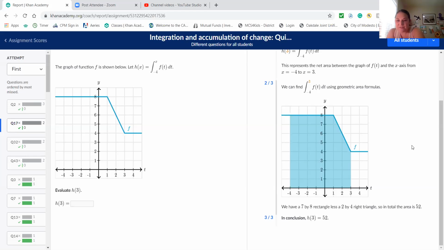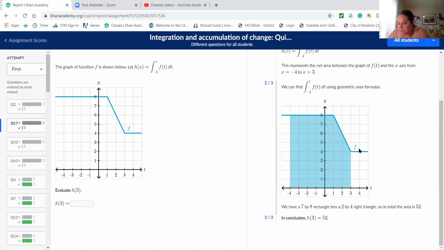And so the trapezoid goes from when y is 4 to when y is 8. The lower base of the trapezoid is 7, because you're going to go 7 across, right? The other base of the trapezoid is going to go from -4 to 1, so that's 5. And so you see in Khan Academy's hints, they found the area of a large rectangle, subtracted a right triangle.